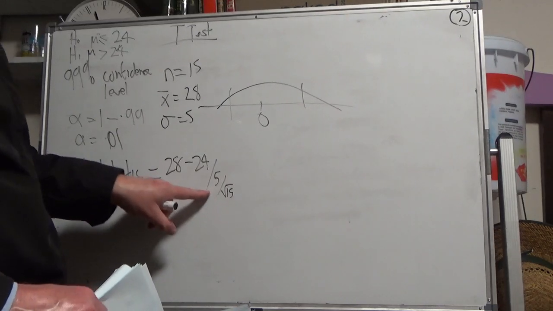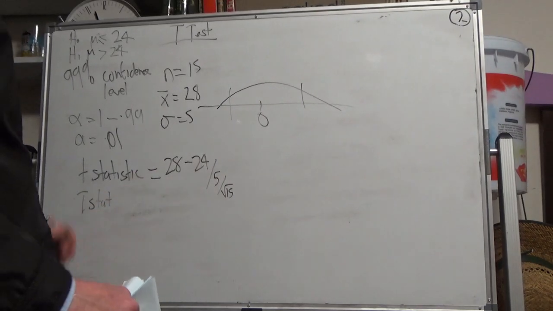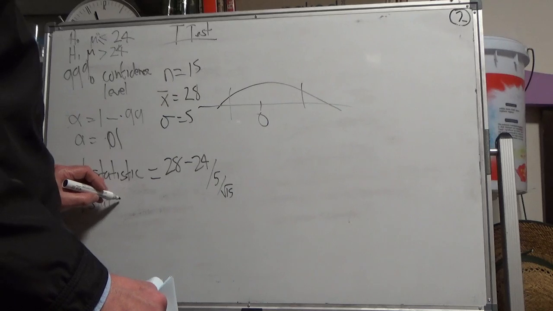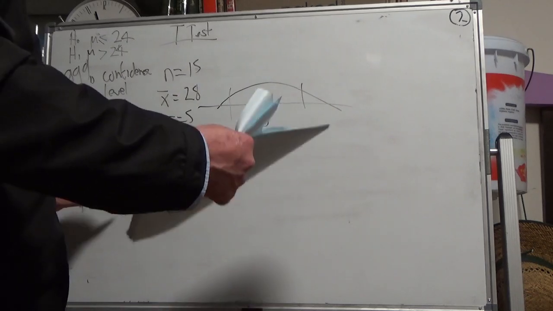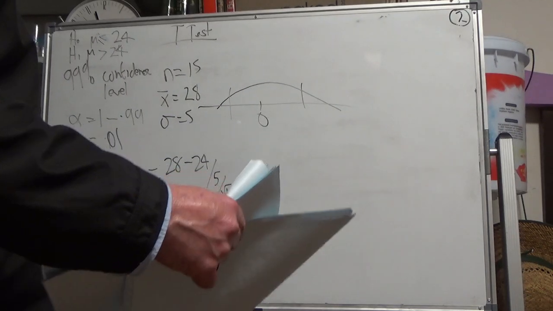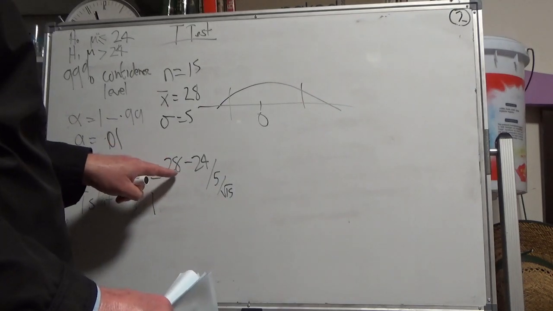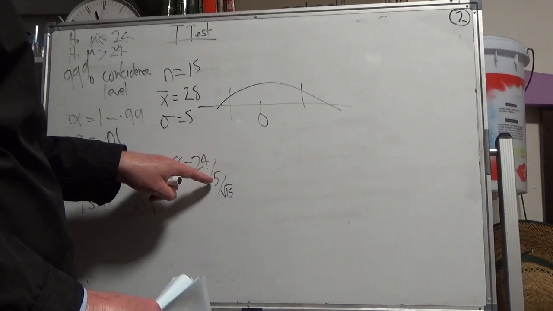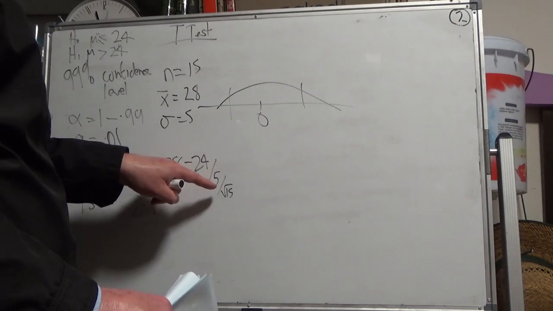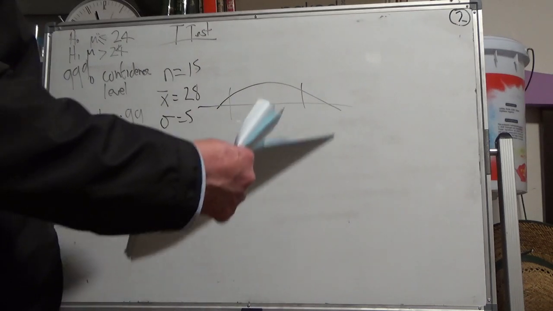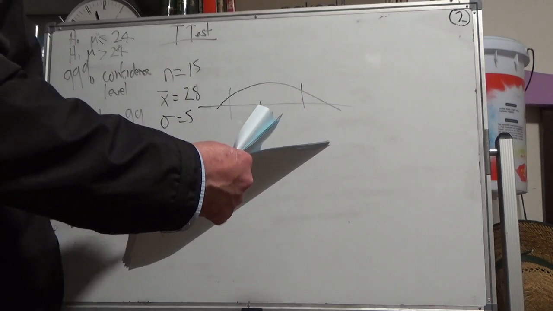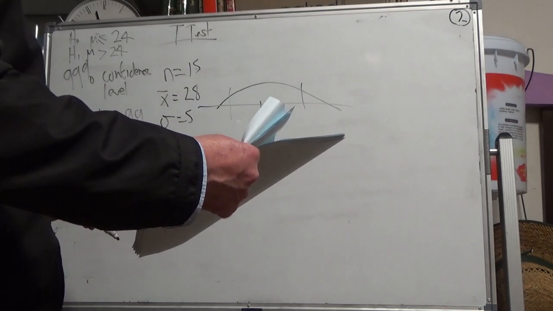Just use the scientific calculator and put it in. Use the memory if you have to. The numerator is 4 and the denominator is 5 over the square root of 15. 3.10 is our test statistic.